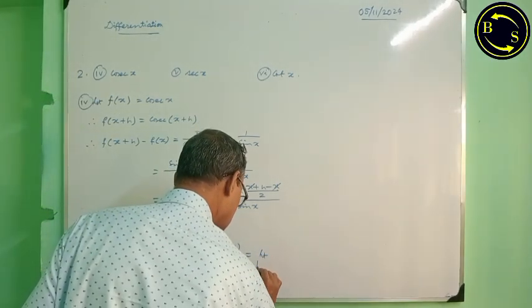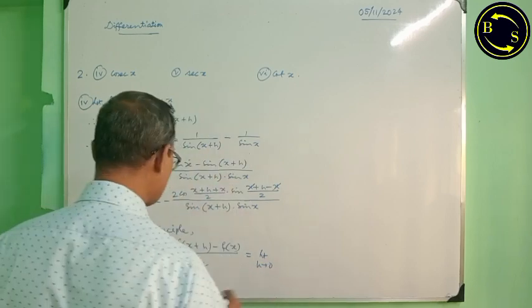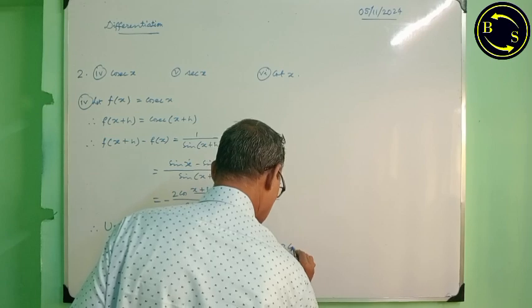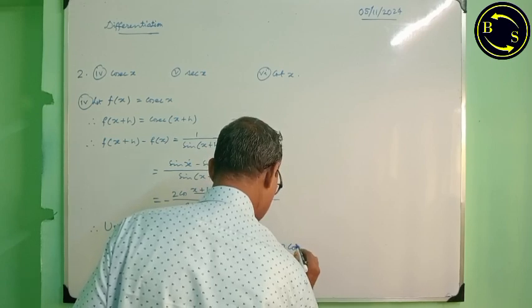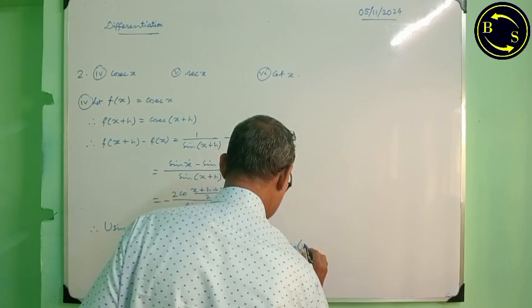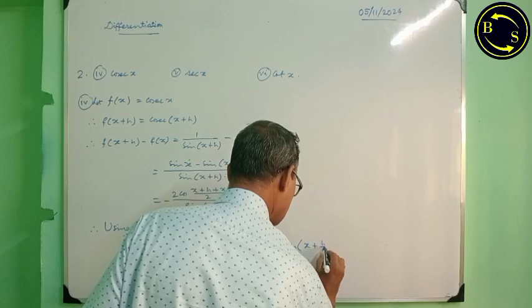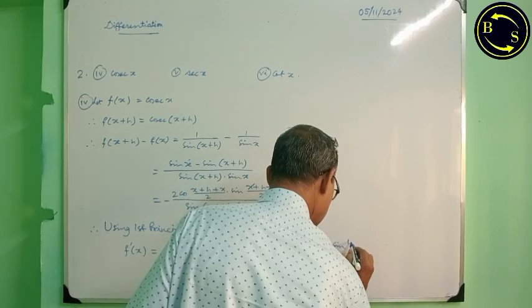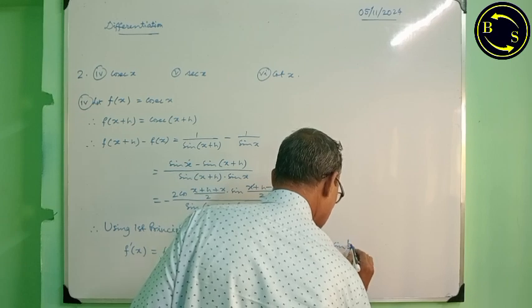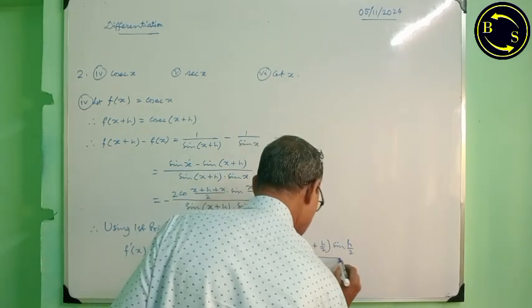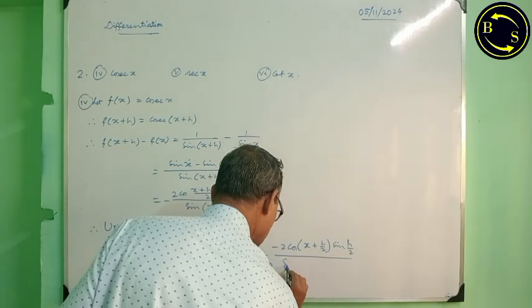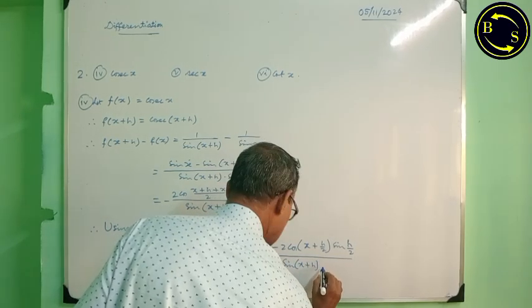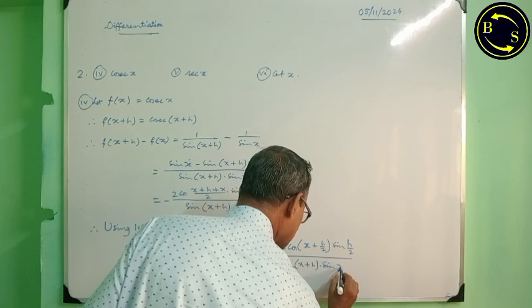Limit h tends to 0, minus 2 cosine of (x plus h) by 2 into sine h by 2, divided by sine of x plus h into sine x.